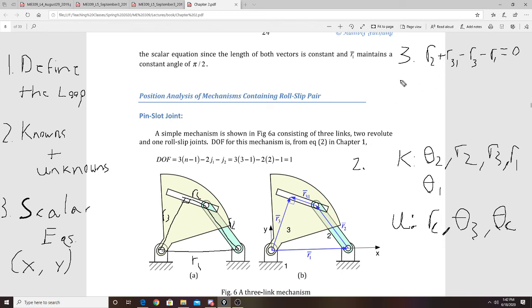So it is R2 cosine theta 2 plus R3,1 cosine theta 3,1 minus R3 cosine theta 3 minus R1 equals 0. And the reason why it's R1 is because R1's angle is 0 and cosine of 0 is 1. So R1 stays the same, right?